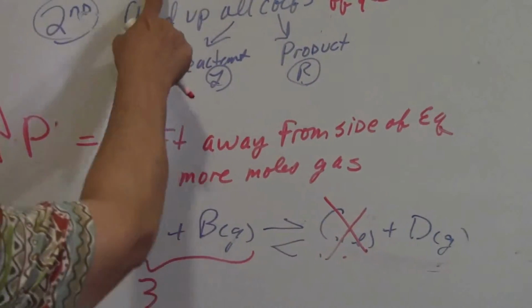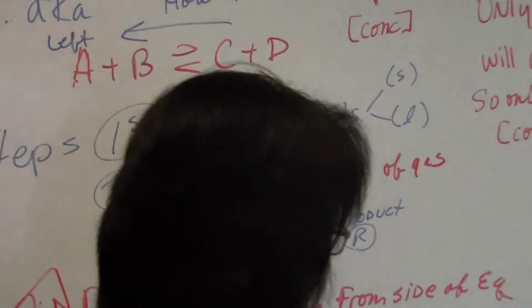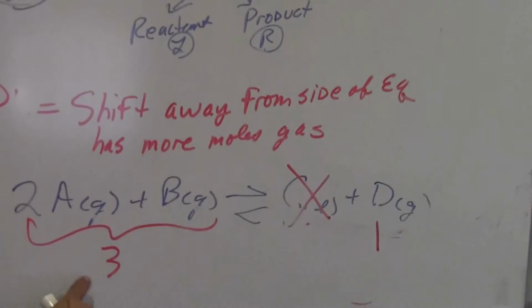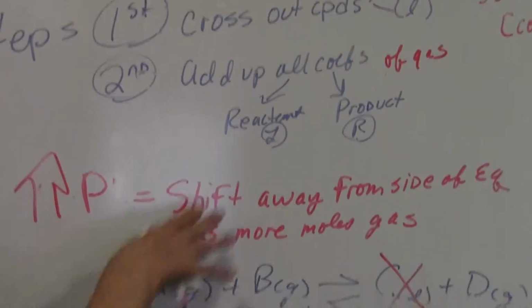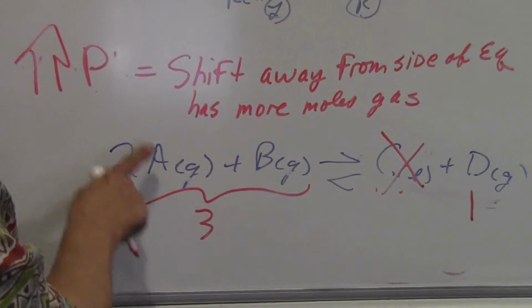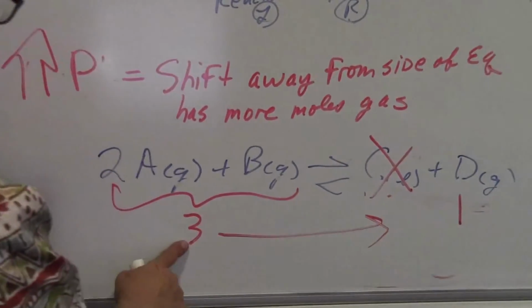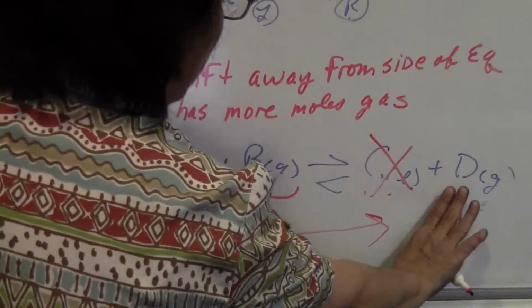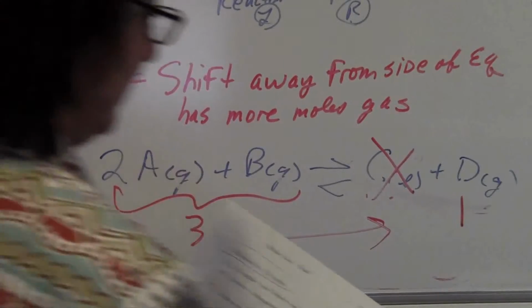Step 1, cross out all the compounds that are solid or liquid. So we only have 1 on this side. So if I add pressure to this reaction, if I increase the pressure on the reaction, it's going to shift away. So that means, since this is more, we're going to shift to the side that has less moles of gas.